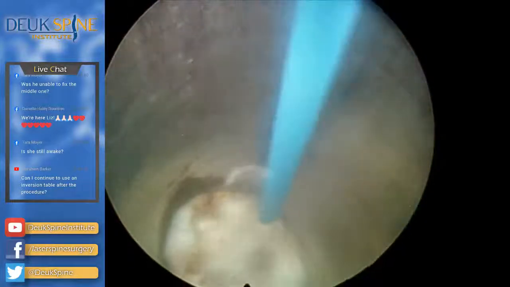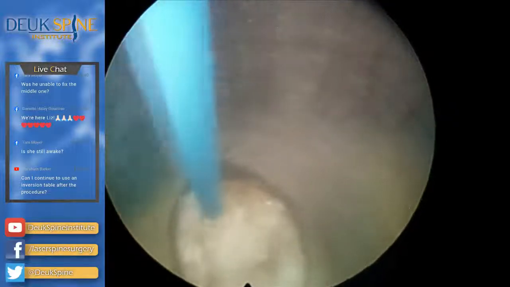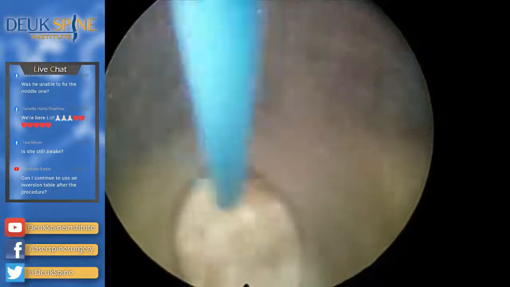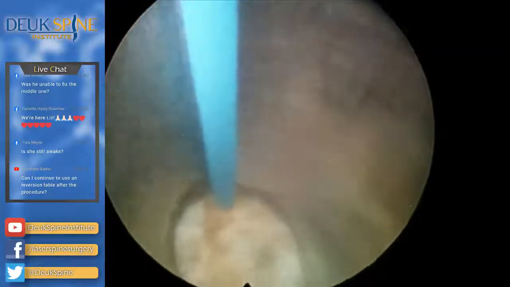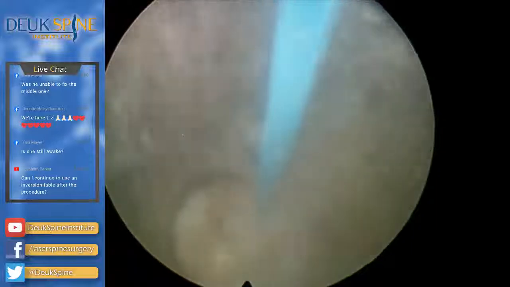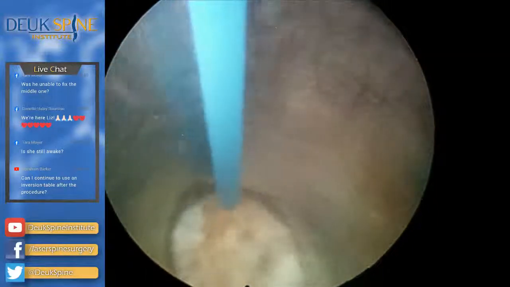So it must have healed at one point and then somehow she re-injured it doing something. I actually think she's a nurse, and I think she was working, going back to lifting patients and whatnot, and I think she just really re-injured this disc doing that.